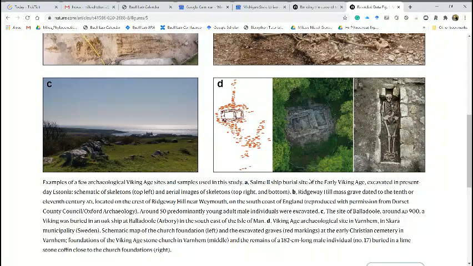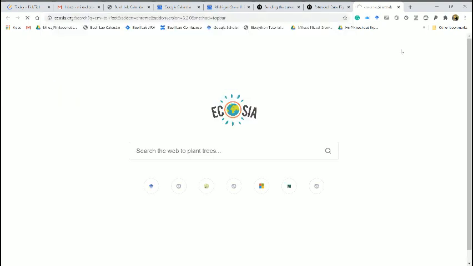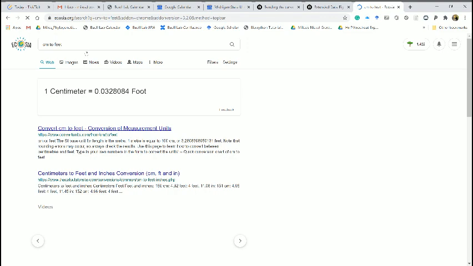Is that tall? Let's do a quick conversion here, centimeters to feet. Even though I've been working with the metric system for a long time as a scientist, I still don't really have an intuitive feel for it.